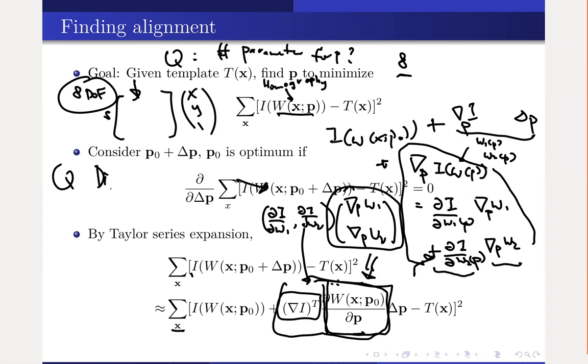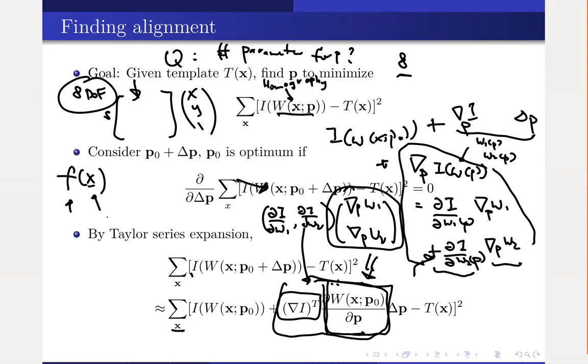So, as a quick reminder of the gradient, one thing you need to be careful about is that when we say gradient of a function, you're actually talking about a scalar function with a vector argument.